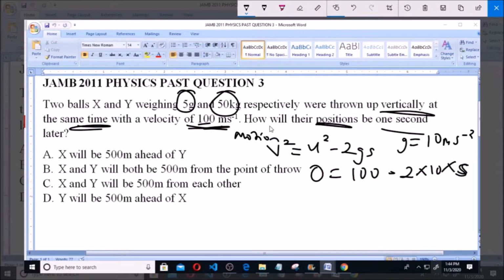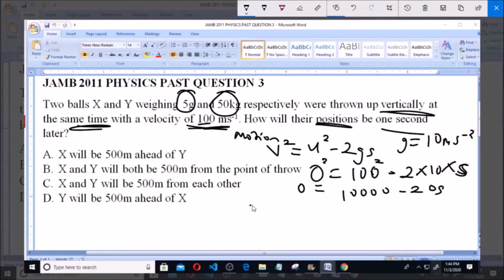So s is the distance after that particular time, and it is of course unknown, and is what we are looking for. So 0 is equal to, sorry, this is 100 squared, u squared, so 0 is equal to 10,000 minus 20s.